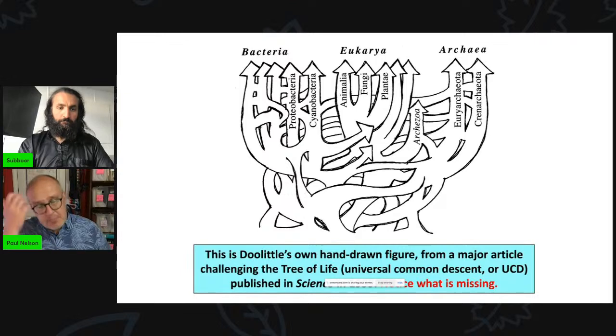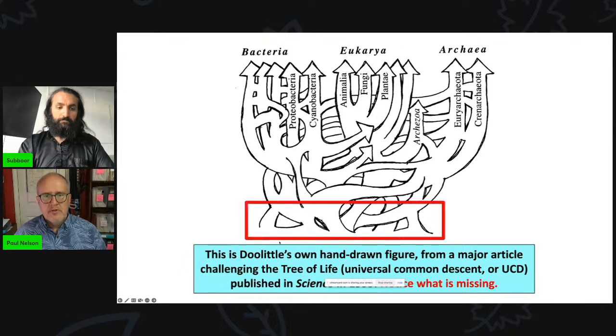And I believe Ford Doolittle drew this figure himself. Notice what's missing. There's no universal common ancestor down here. So this is the very early history of life, as represented by Ford Doolittle. You get this wild mangrove type pattern of interactions between the three domains, but there's no last universal common ancestor here.